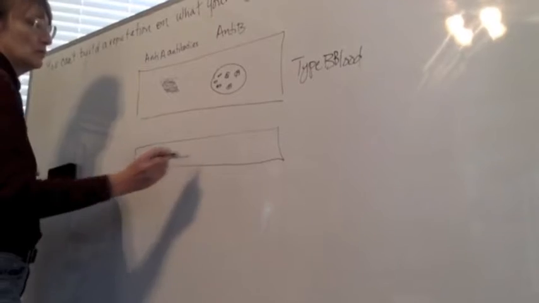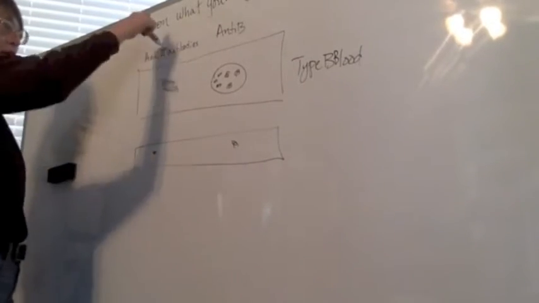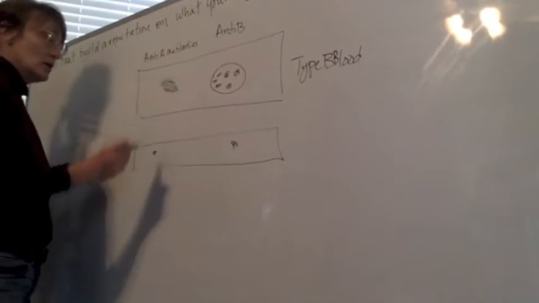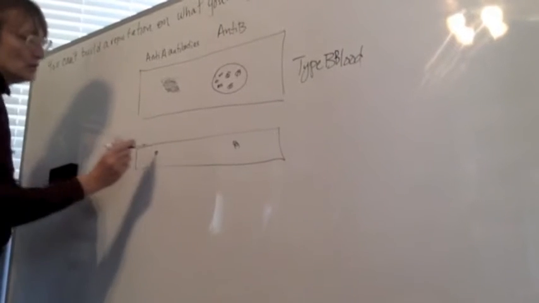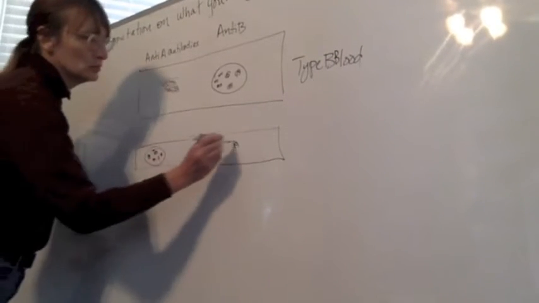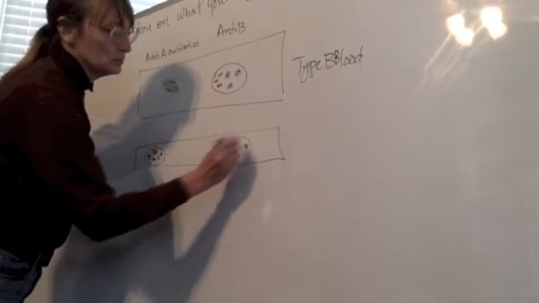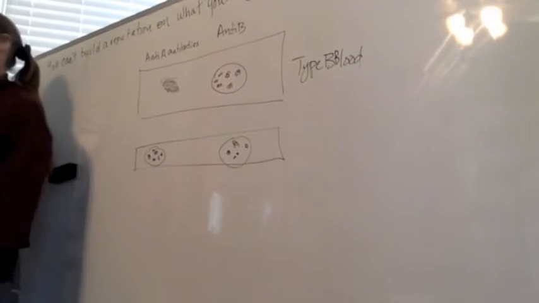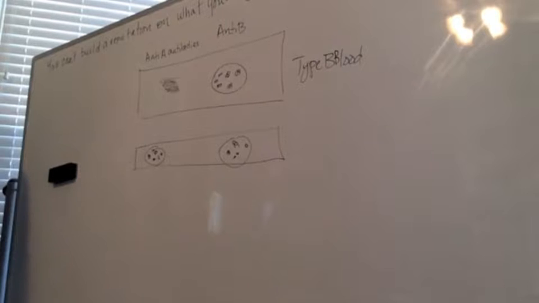Same thing. Here's your blood. Put anti-A on this one, anti-B on this one, and this is what happens. That's type AB. Everybody see why? It clumped on both.